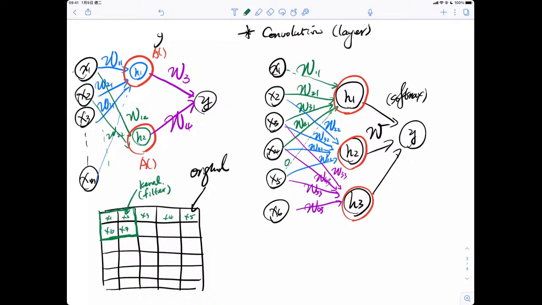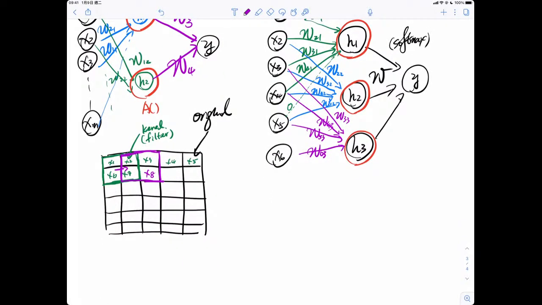For the next step, they will move this kernel, or this filter, to the right-hand side, from the left to the right, or from the top to the bottom. So next, maybe we move the kernel this way. At this moment you focus on x2, x3, x7, and x8 because they are neighbors.